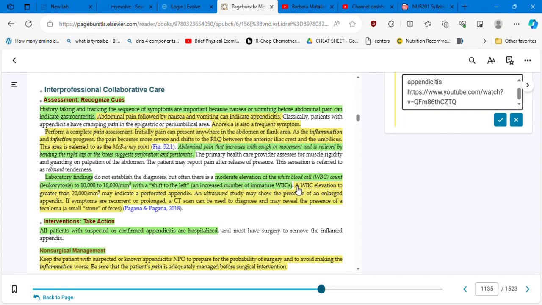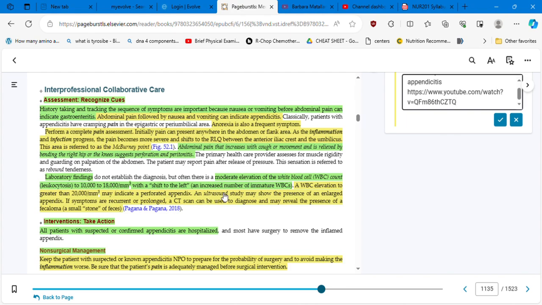That is called shift to the left. A WBC elevation to greater than 20,000 may indicate a perforated appendix. Exactly, which is perforated appendix peritonitis.